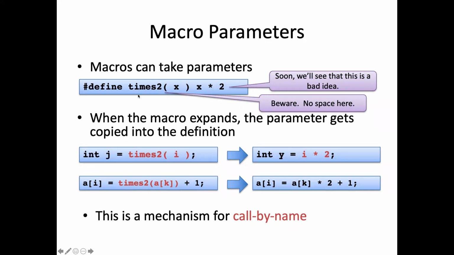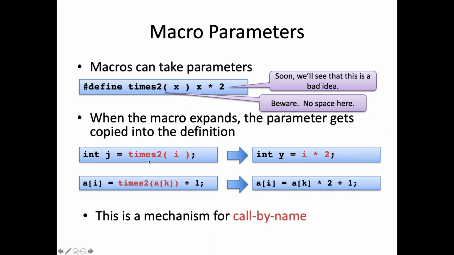So it replaces the macro with its definition, but any occurrences of the parameter, it replaces with whatever syntax is passed in. What do I mean? Well, down here is an example of using this x2 macro. And like its name suggests, it just takes whatever you pass in and multiplies it by 2, by replacing it with that thing times 2.